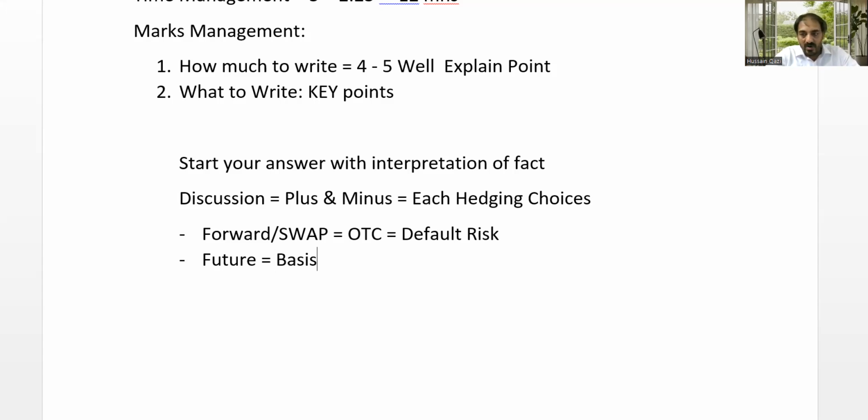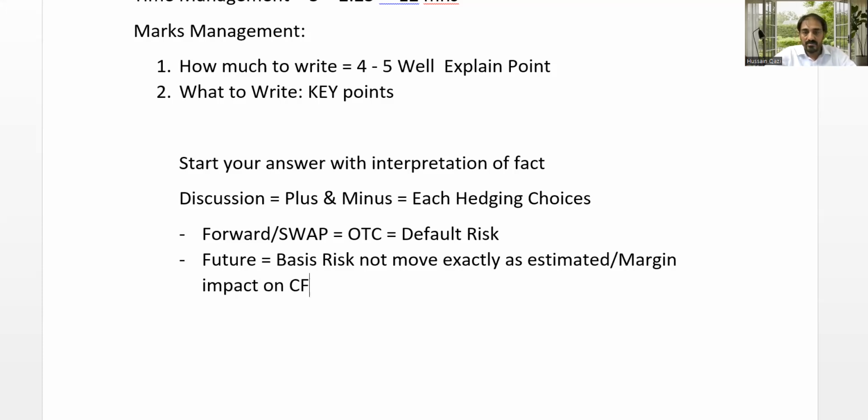what you critique about is the basis risk. Basis does not move exactly as we are predicting now. Moreover, margin impact on the decision or the cash flows.